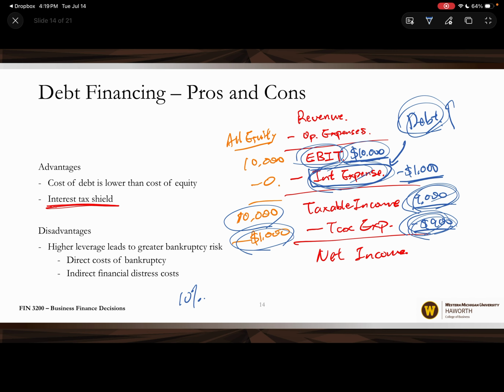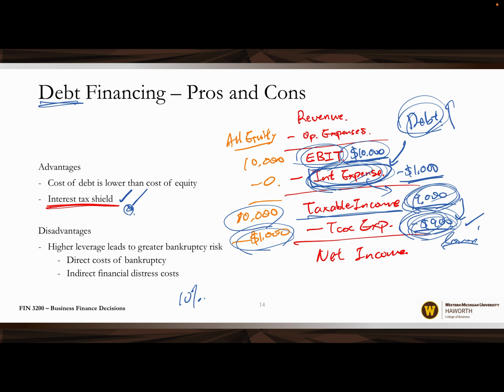Okay, so that's what we call interest tax shield. So again, having debt will increase the interest expense, which will decrease the taxable income. And if there's less taxable income, you can pay less tax. Lower tax is good, right? So that's one good thing about having debt. Okay, that's called the interest tax shield.